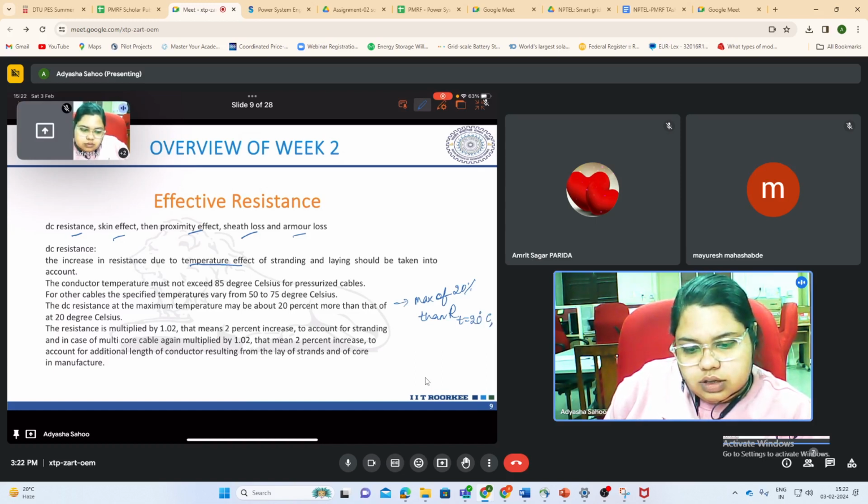So here this 2% additional is added to account for this. And additionally, if you're considering multiple core cables, then it may increase by a further 2% more.